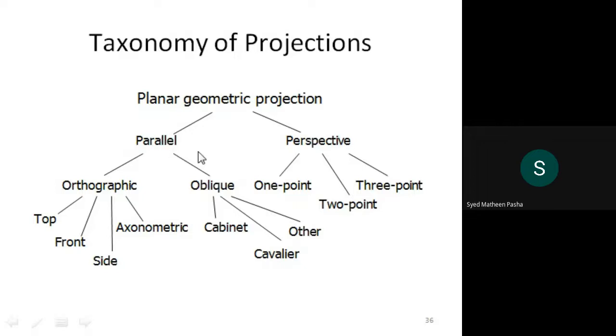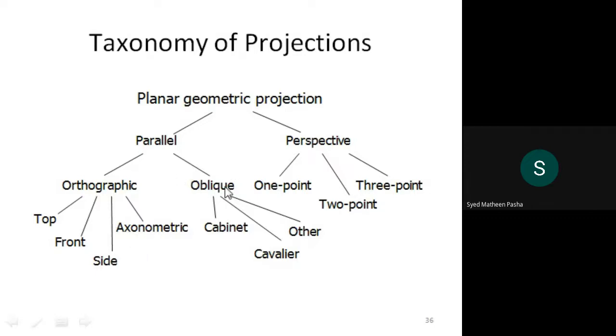As I told, the two types of projections are parallel and perspective projection. Each projection has its own taxonomy. Parallel projection is divided into two types, orthographic as well as oblique. Each has its own rules as well as types, which represent the top, front and side of that particular object with respect to a device called the axonometric device.